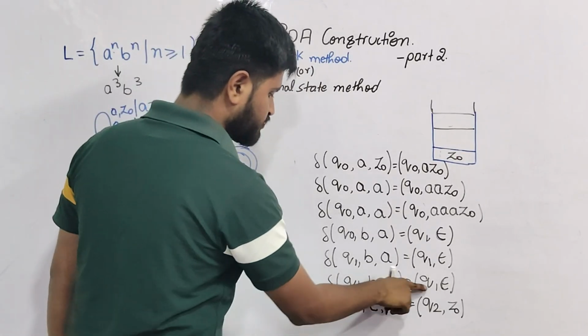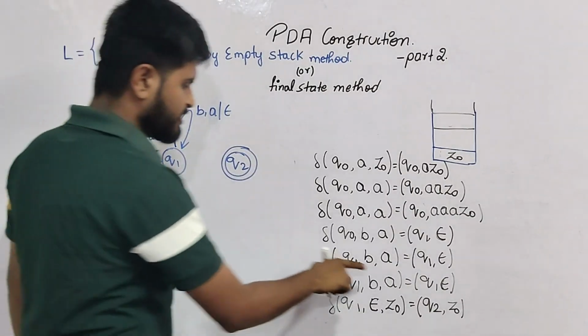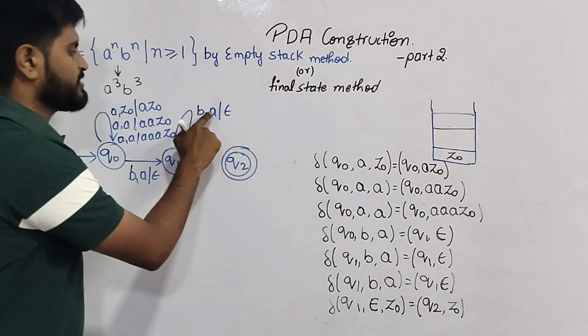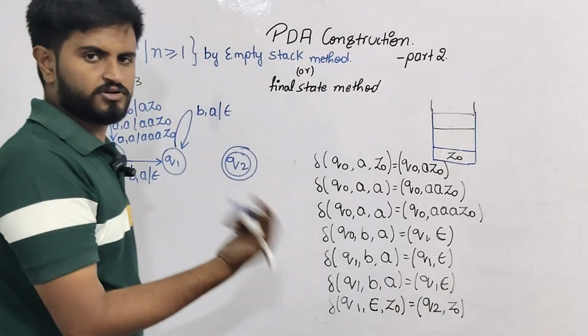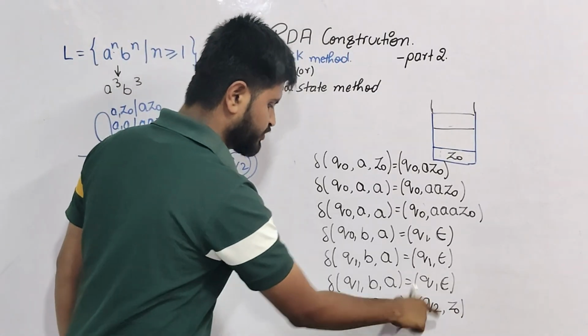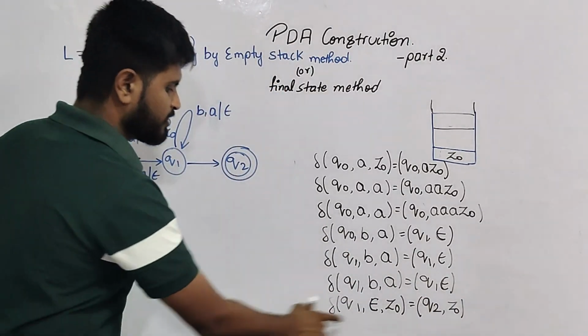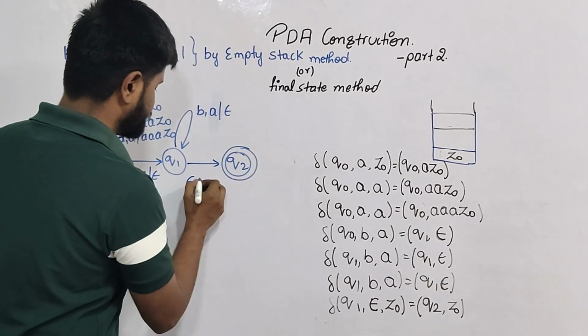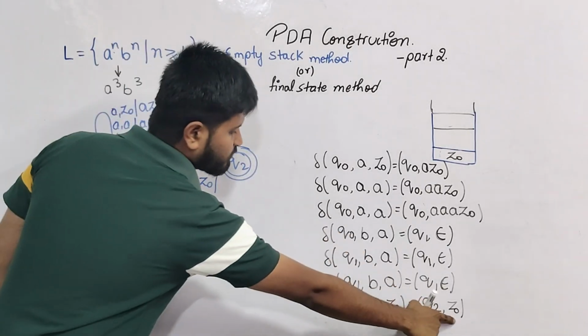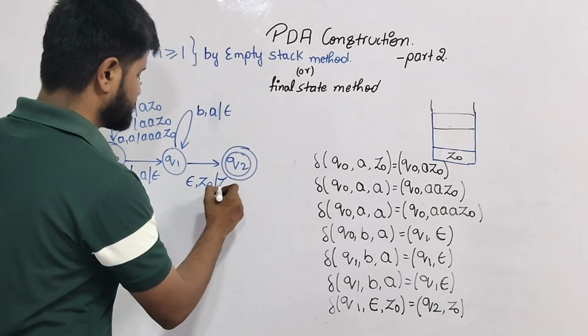It is already written, no need to write it again. Next Q1 to Q2. Epsilon comma Z0 slash the element left in the stack, that is Z0.